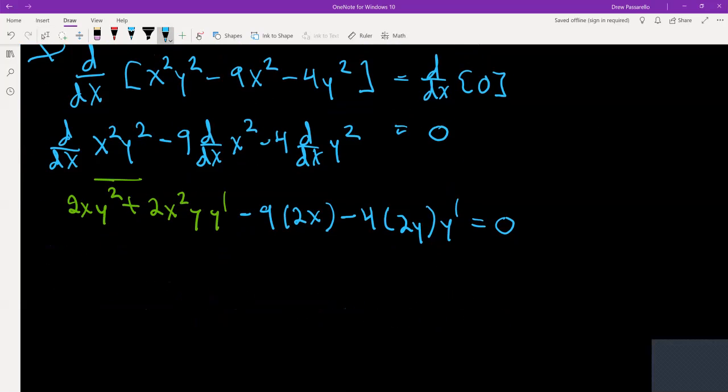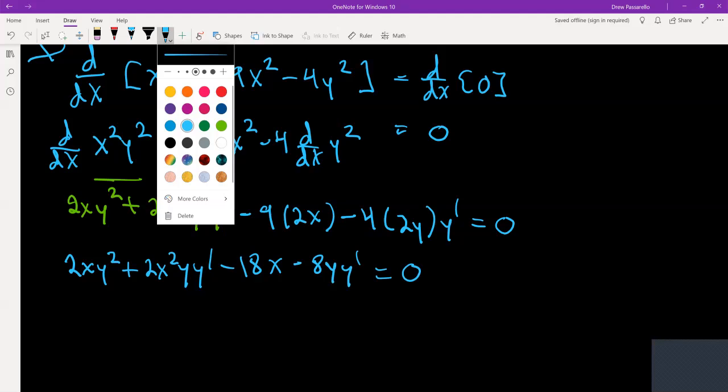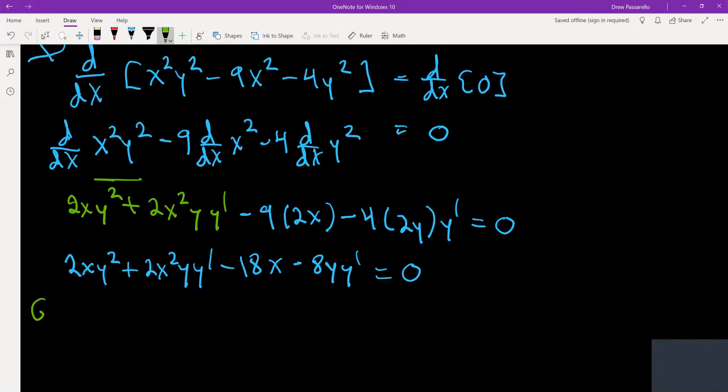So I'll have 2x y squared plus 2x squared y y prime, minus 18x, and then minus 8y y prime equal to 0.